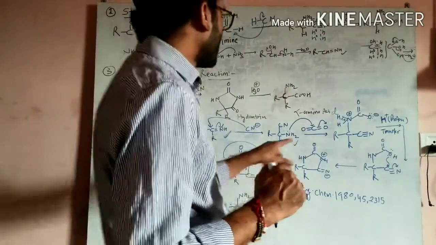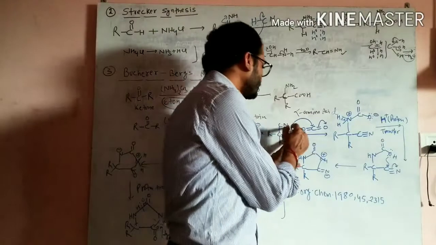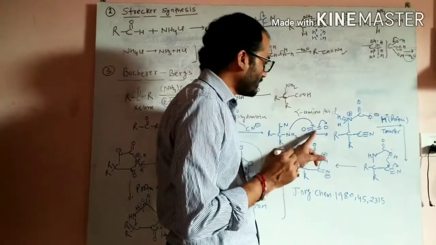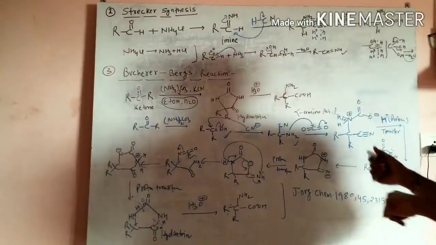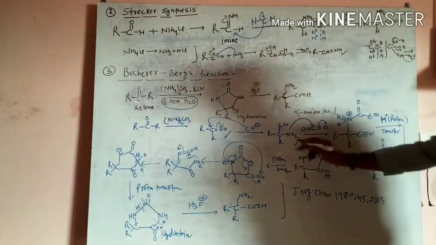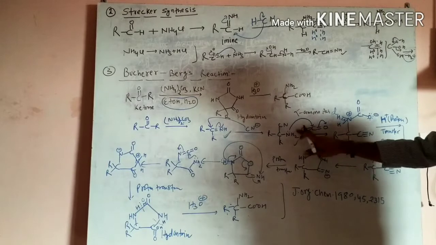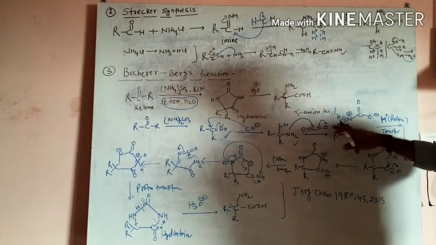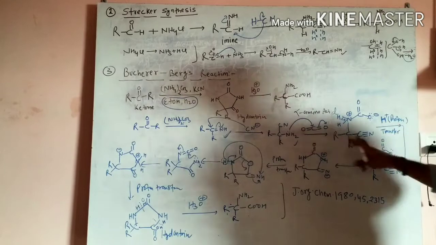So here the amine is acting as a nucleophile. This nitrogen is attacking this carbon of carbon dioxide like that. See, this is R2C, NH2, and this is attached with this carbon, C double bond O minus, and CN.